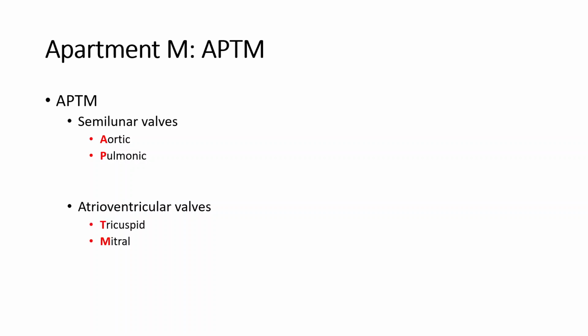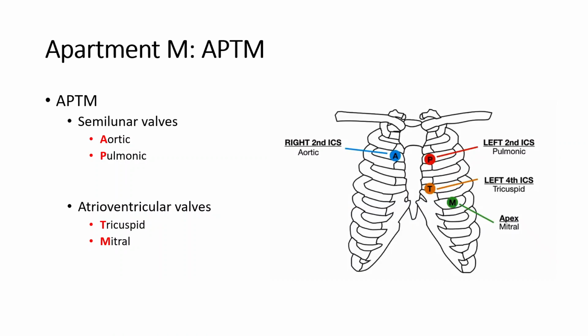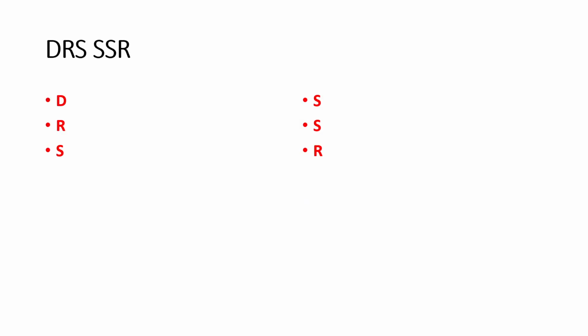The Erb's point is in the third intercostal space. The tricuspid area is the left fourth intercostal space, and the mitral area is the fifth left intercostal space, which is the apex. Now we move to Doctor's SSR, DRS, SSR.